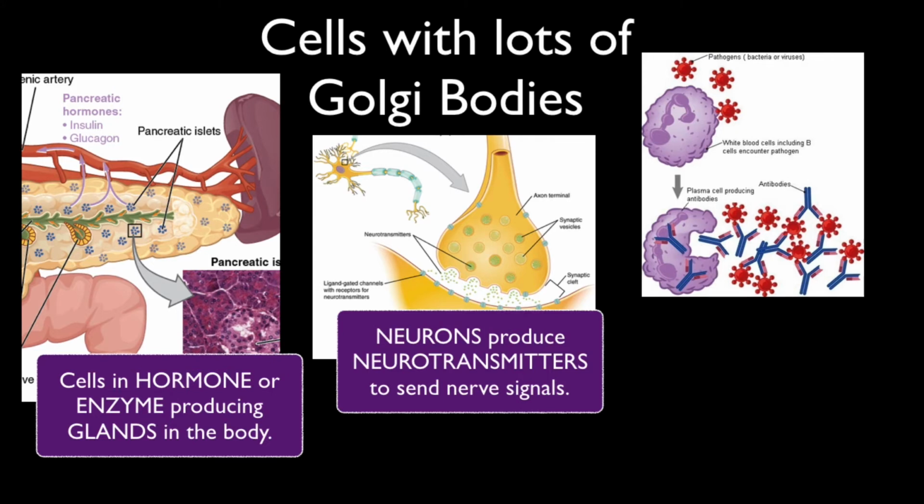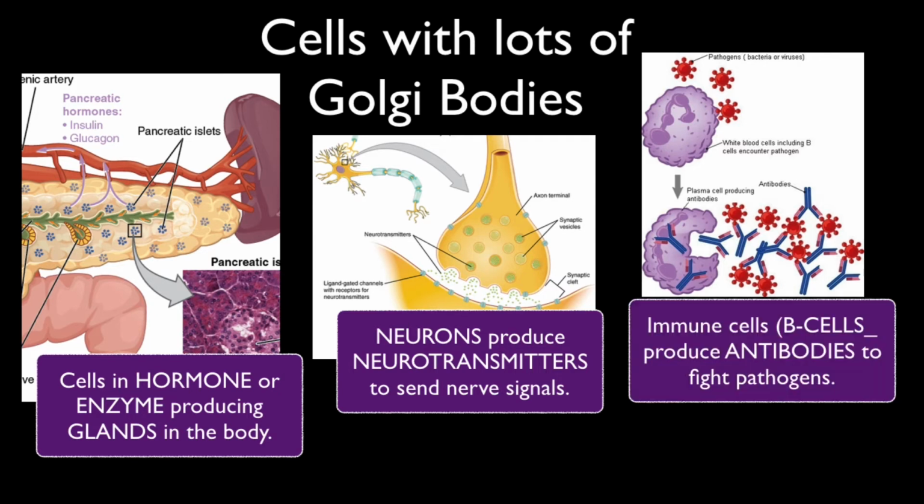Our brain and nerve cells are cells called neurons. And neurons basically produce little proteins called neurotransmitters that are used in order to transmit nerve signals from one neuron to another or from one neuron to a muscle, say, for example. And a third example are special cells called B cells that are part of our immune system.